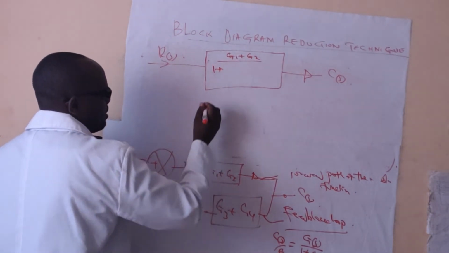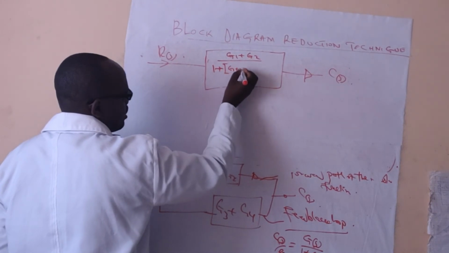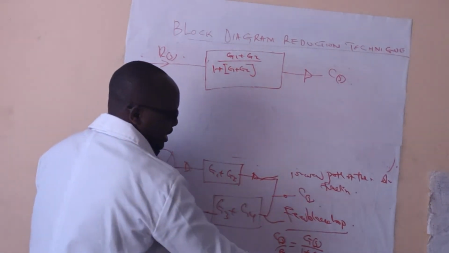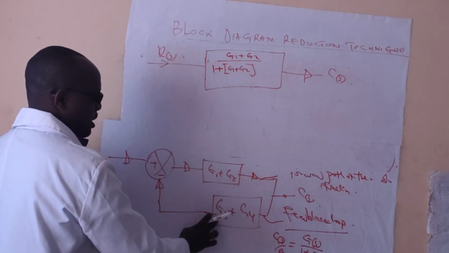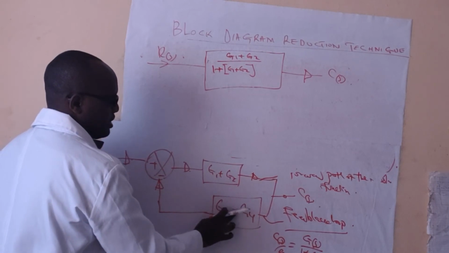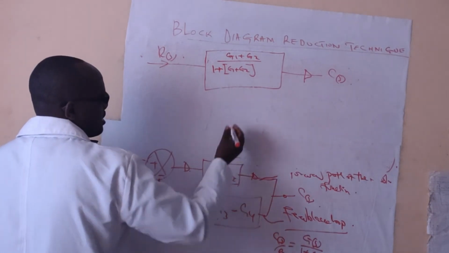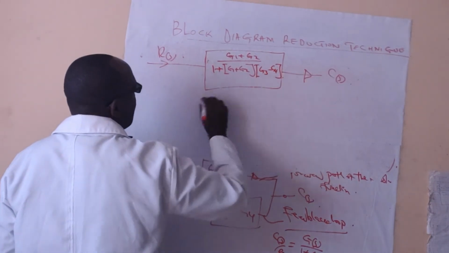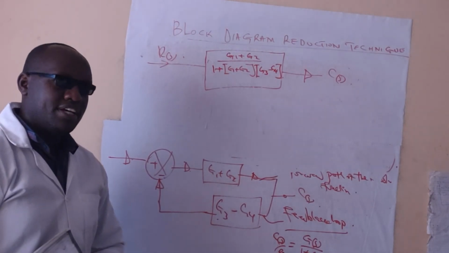G corresponds to G1 plus G2 in brackets, multiplied by H, which corresponds to the feedback loop. We had made this one negative, so it's going to be G3 minus G4. And we have reduced that block diagram. And then next time.